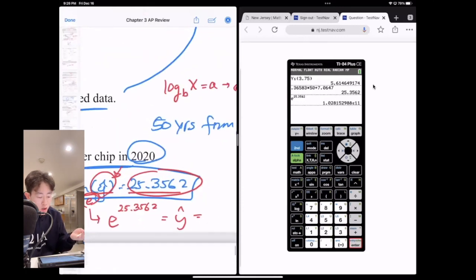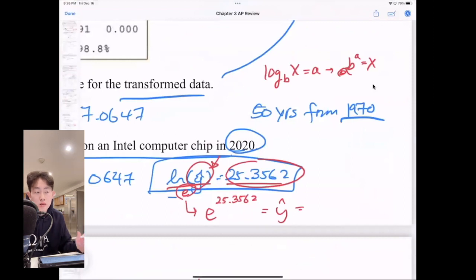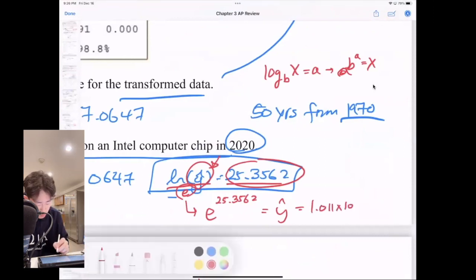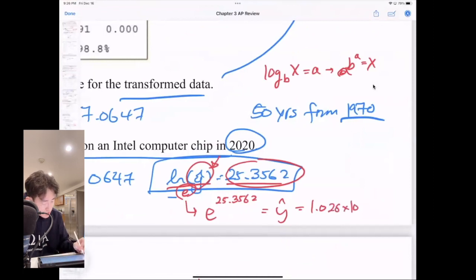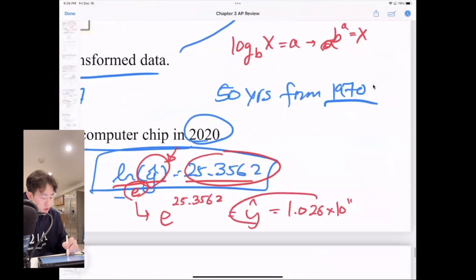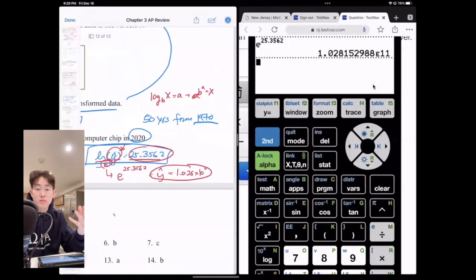Because in 2020, obviously it's 2 years ago, but we have billions of transistors now in the computers nowadays. So I believe it was 1.028 times 10 to the 11th power. And if you guys don't know how to read the E value, the E just represents times 10 raised to that power.